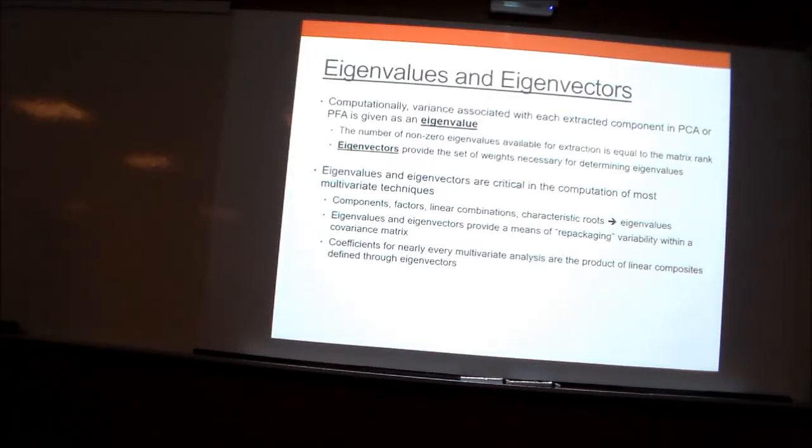They're all just representing eigenvalues. We're just taking variability and repackaging it. Basically, the coefficients that we're getting for our different multivariate techniques are always using these eigenvalues and eigenvectors to assign different weights.